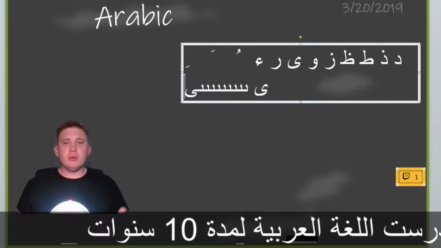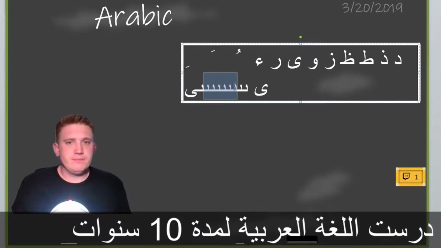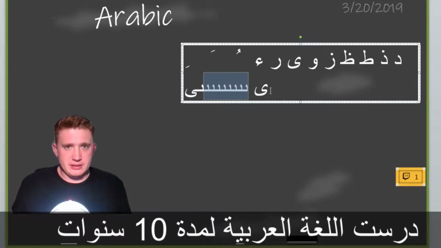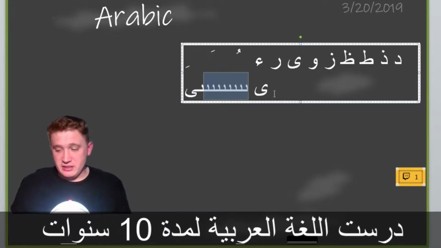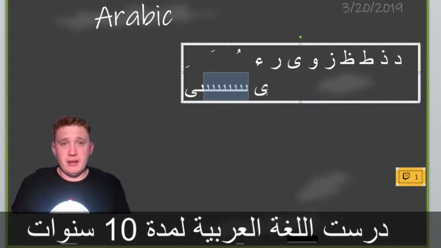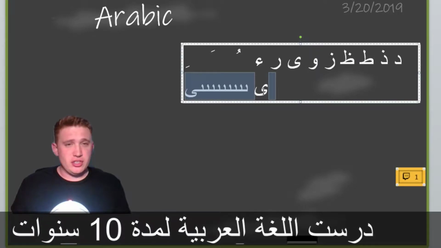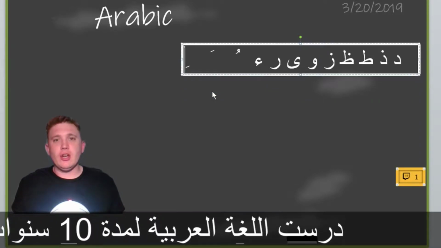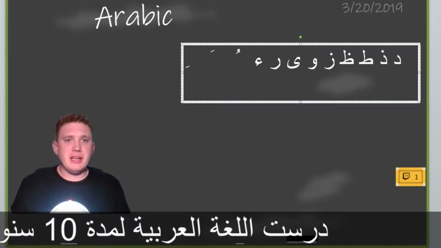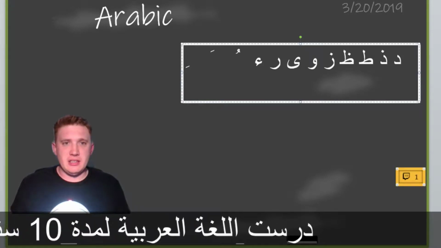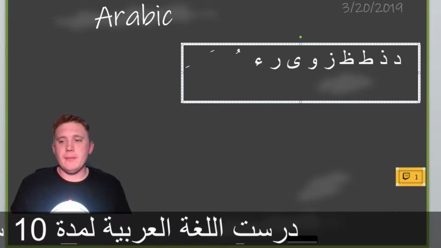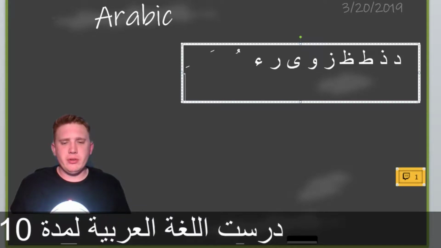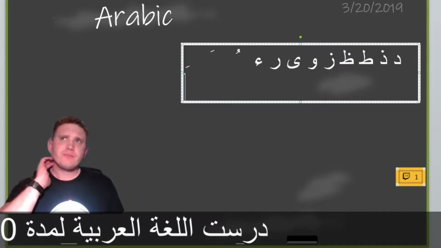You will never see this in Arabic, at least not standalone. It connects on both sides, and when it's standalone, it's just like a ya. However, this alone technically makes an aa sound. It's kind of a weird letter.